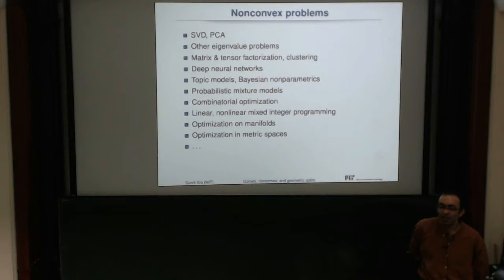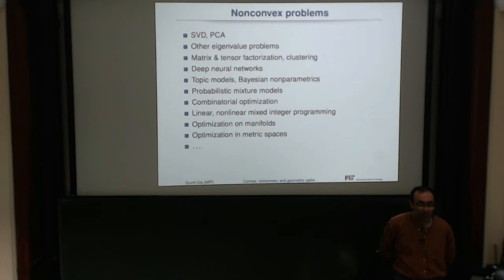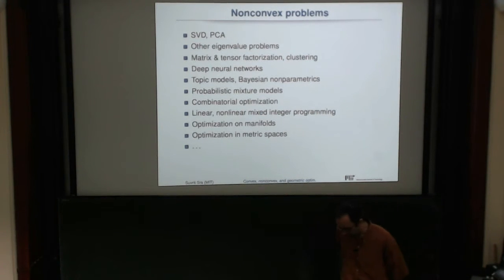The most basic non-convex problem, which is morally almost convex, is the SVD or PCA, and a bunch of other eigenvalue problems, like generalized eigenvalues and so on. I'll talk about one of those. These two are globally solvable. Most of the other ones are not really globally optimizable, so they're truly difficult non-convex problems.